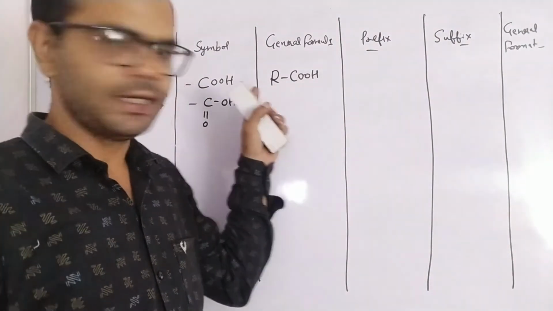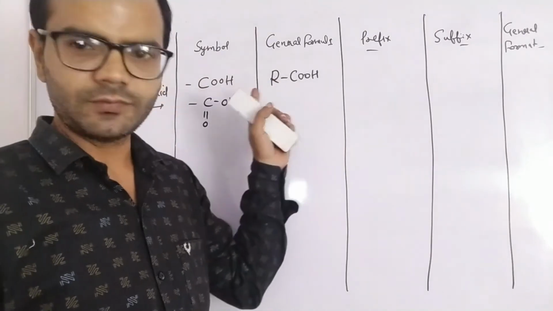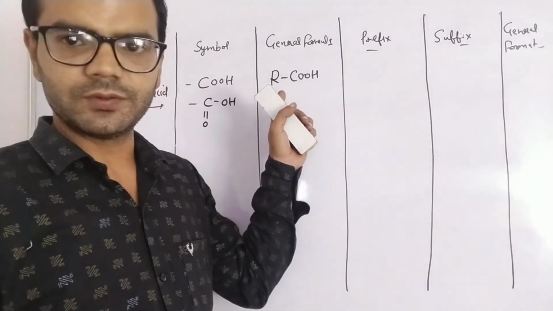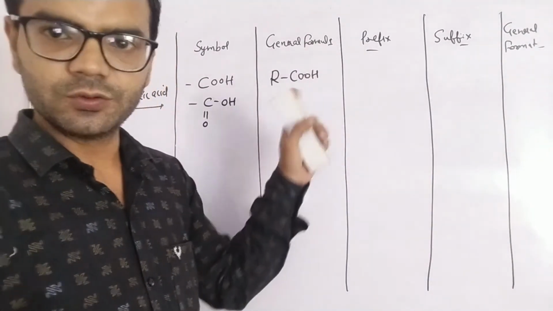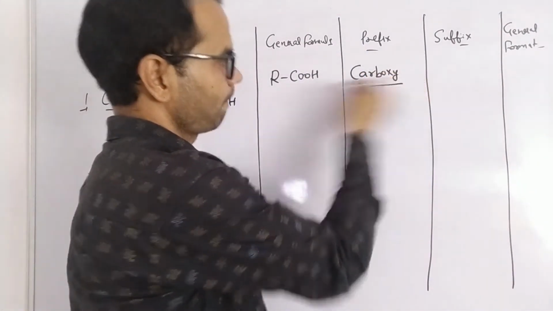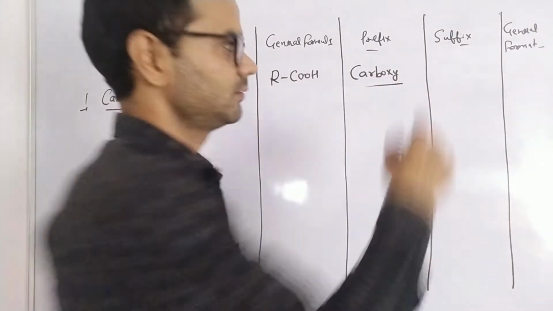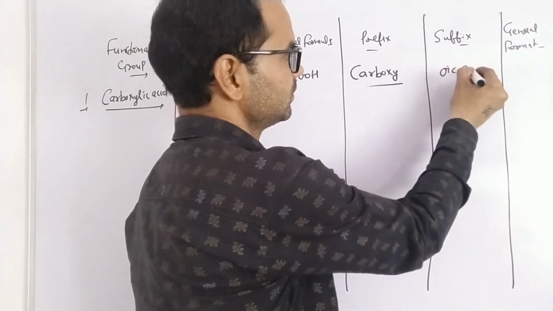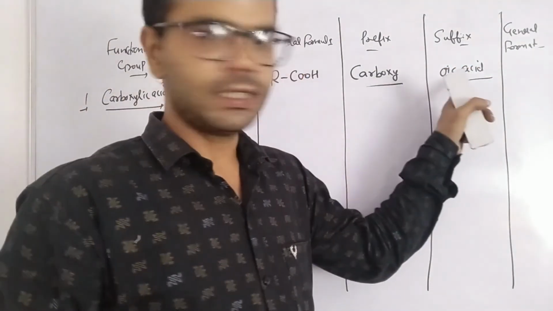RCOOH. R is any carbon containing long chain of any organic compound. Its prefix, when it is used before the root word, is carboxy. Its suffix is oic acid.